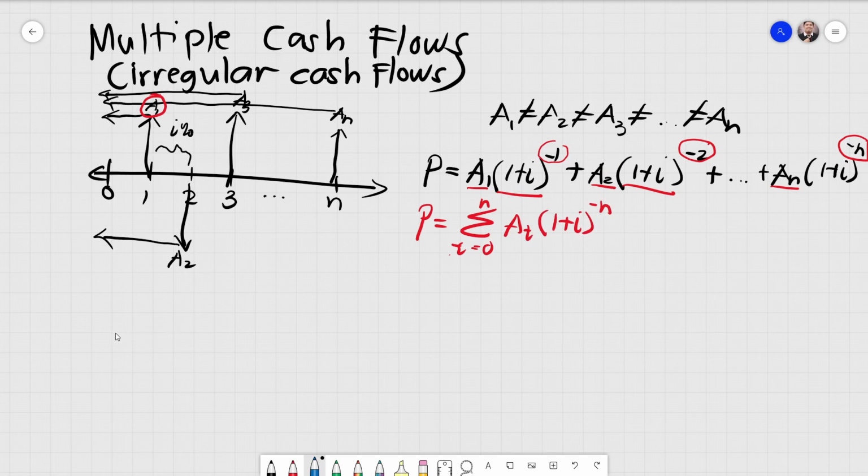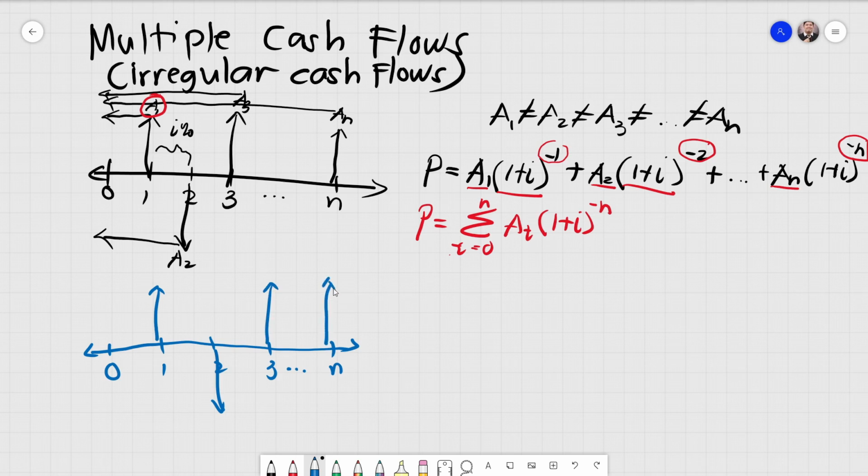Sa pagkuha naman ng future value, so mag-drawing ulit tayo ng another cash flow diagram na similar to that. So we have a cash flow here, here, and over here. So cash flow here is A sub 1, this is A sub 2. This is A sub 3. So this should be A sub n. Okay.